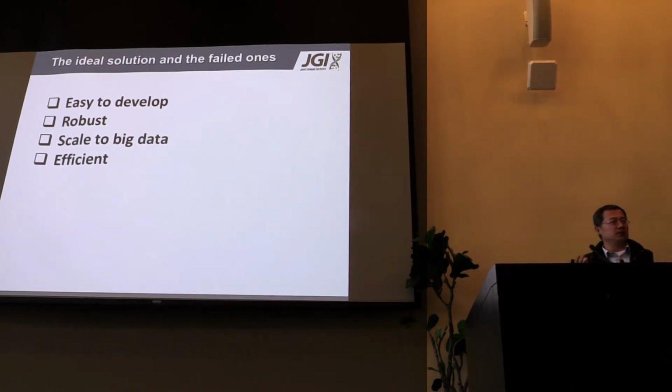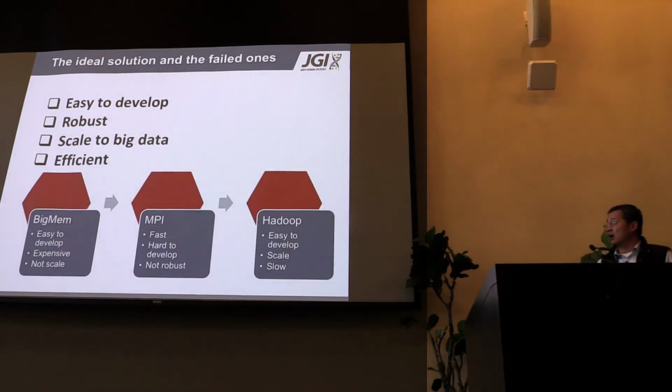We also like to be efficient, but we don't need it to be done in minutes. We're perfectly fine with a solution in hours, because that part we can wait. So we have tried quite a few options. When we were very naive, we said, okay, we have bigger data, we need a bigger computer.